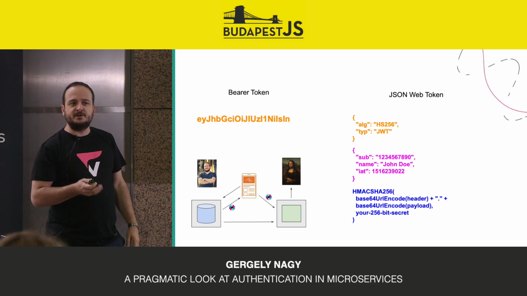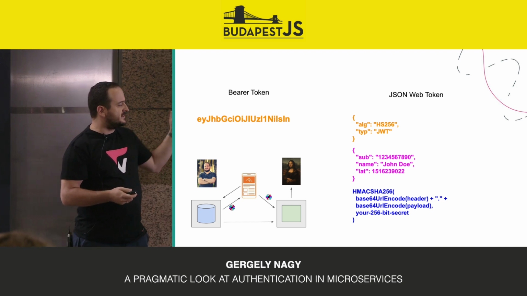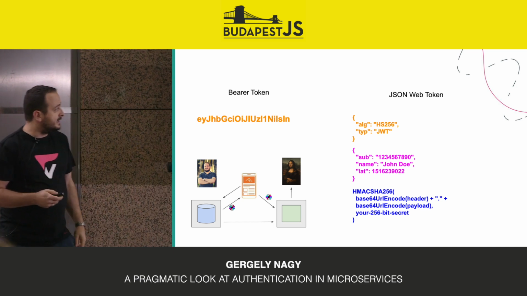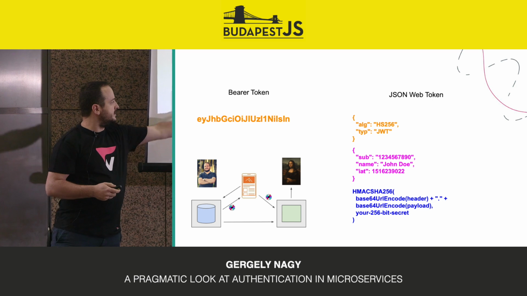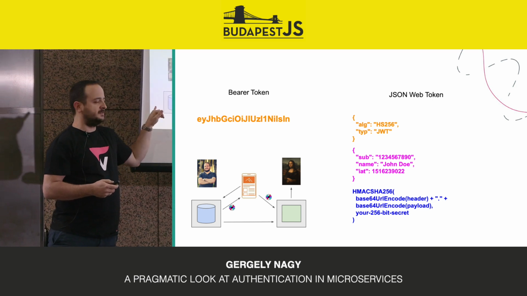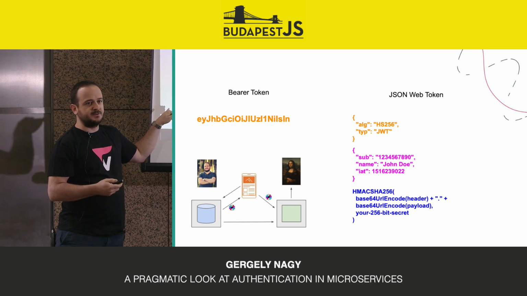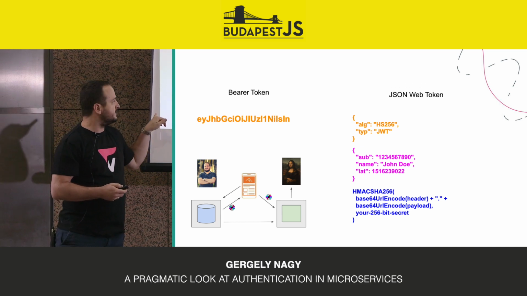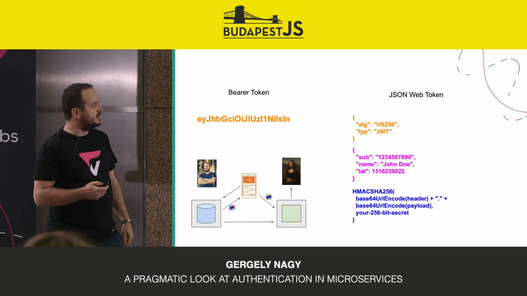There's also support for encrypting your token if you want to be really security conscious, but in most cases, just signing your token is enough. And like I mentioned, if a service knows the public key of the authentication server which issues the token, it is the only one able to issue the token with the private key. That's how you have this distributed trust set up.